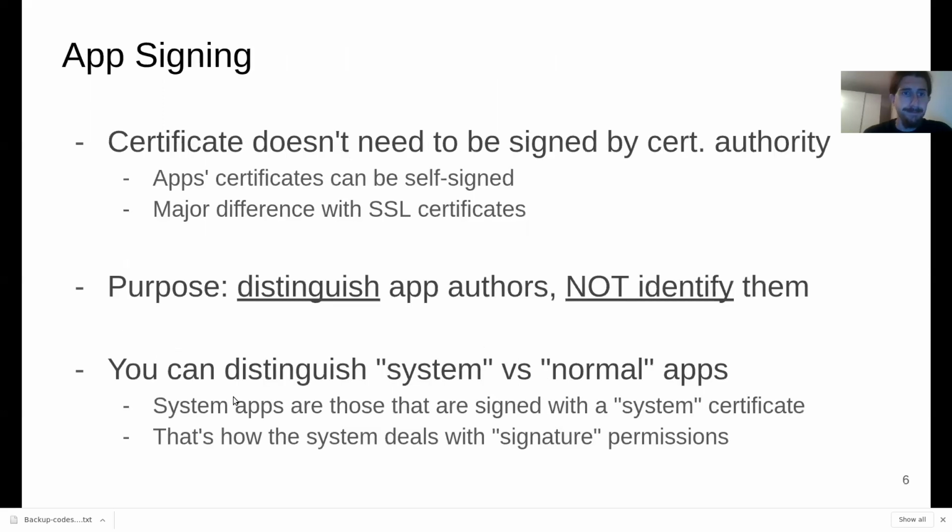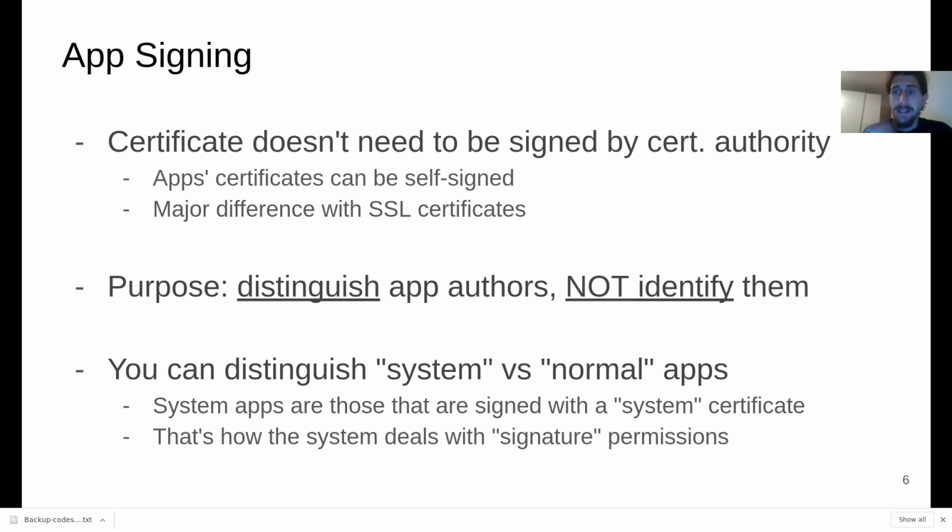And so the idea is that in the realm of app signing, basically, let me try to explain this. Basically, we say that the certificate does not need to be signed by the certificate authority. That's a very important concept. So I'm going to rephrase it a number of times, maybe with different terms, to make sure that you guys get it.